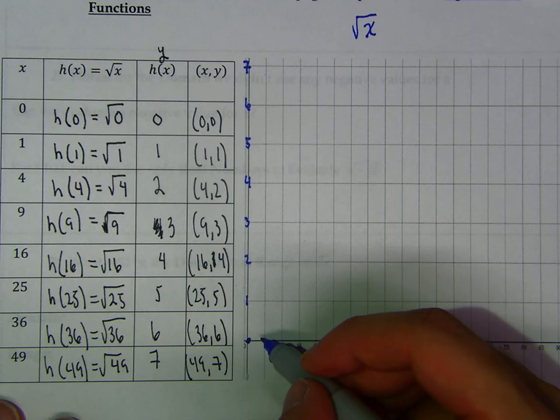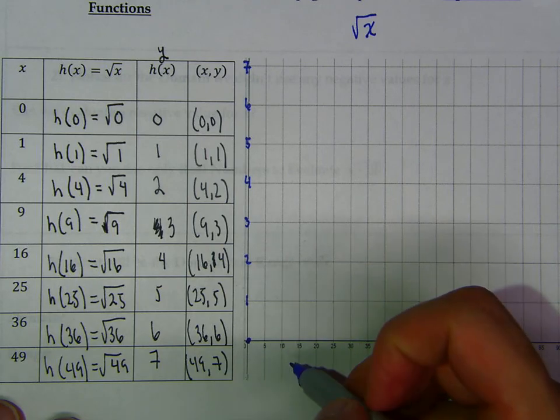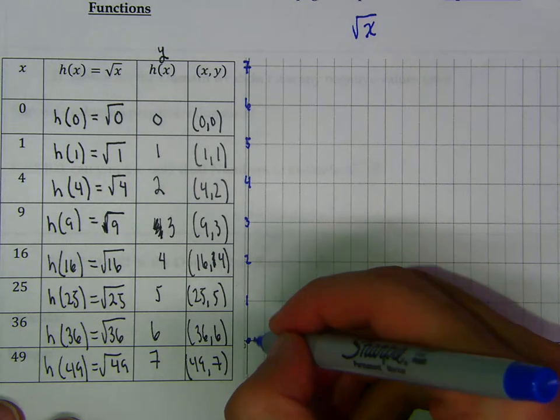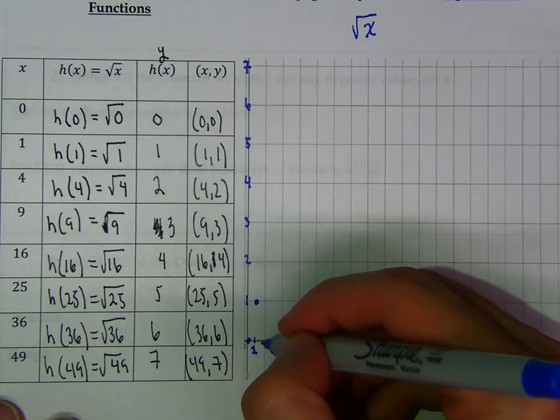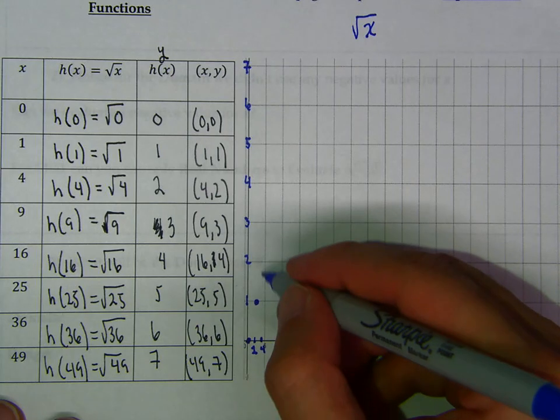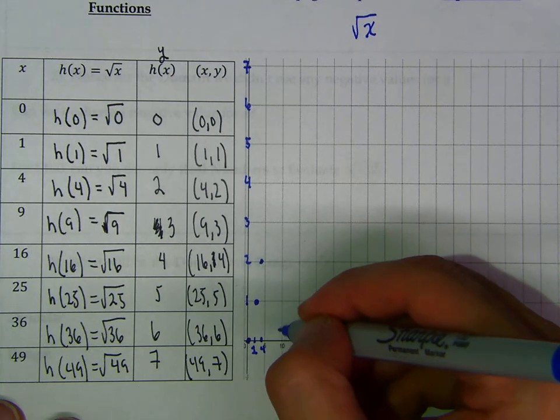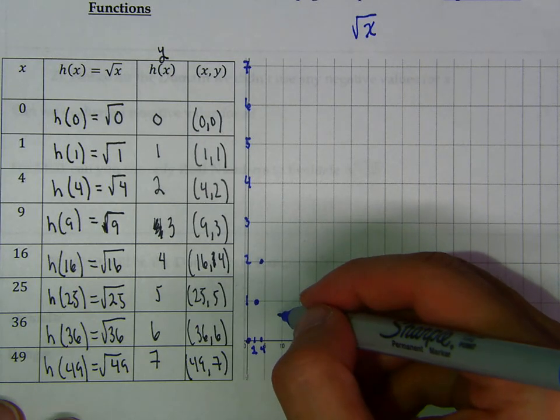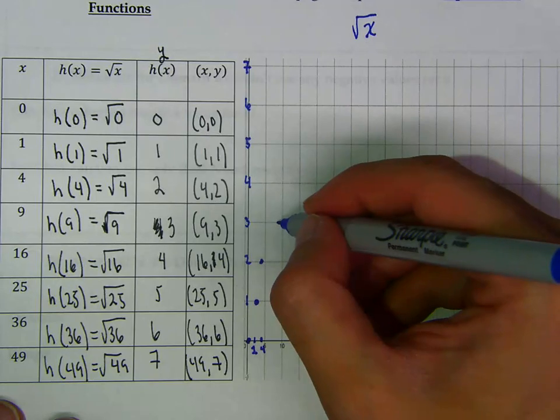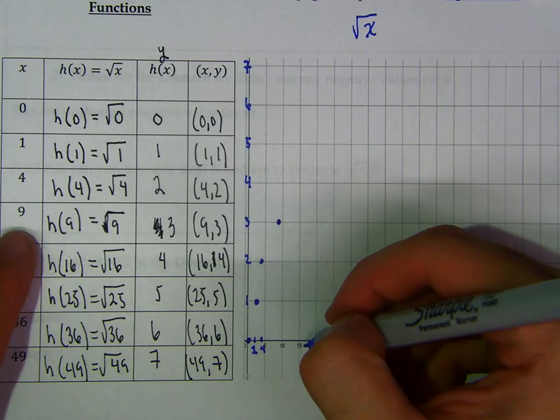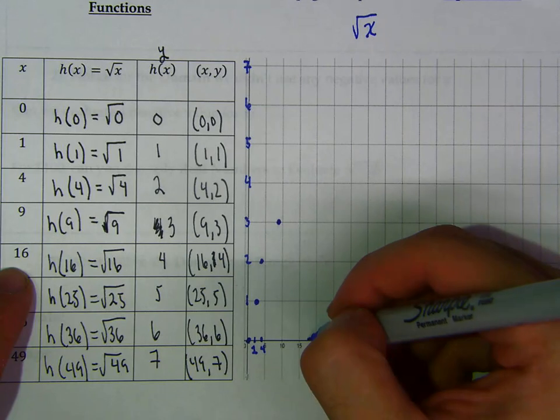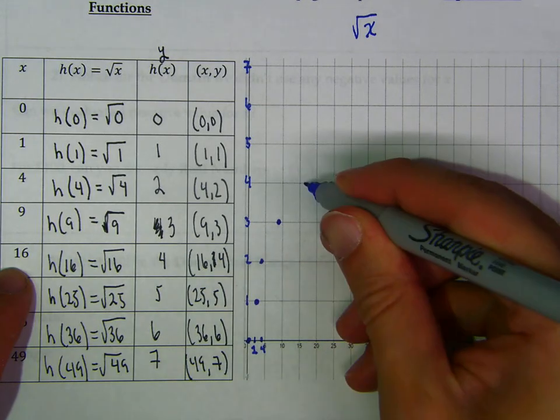Well, when x is 1, so let's say 1 is here, my y value is 1. When x is 4, the y value is 2. When x is 9, the y value is 3. When x is 16, the y value is 4.